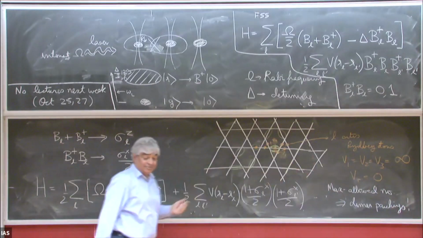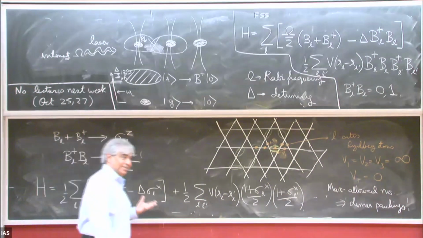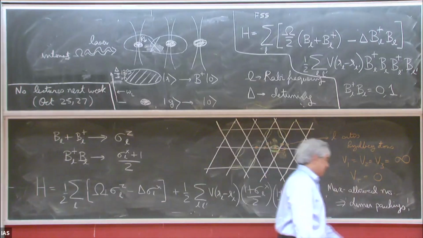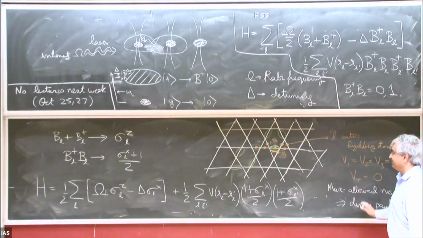This is wonderful because remember, in the large G limit of the Ising-Gauge theory, we also have dimer packings for odd eta. So effectively, we're getting the same Hilbert space in this limit.